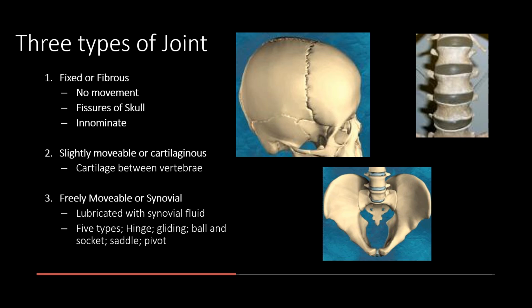If you add an itis onto any name, that means it's an inflammation or an infection. So appendicitis is inflammation of the appendix. Synovitis is inflammation of the synovial fluid within one of these freely movable joints.